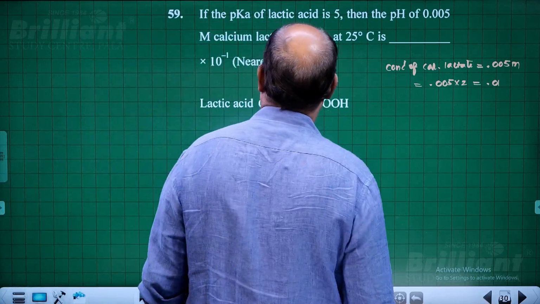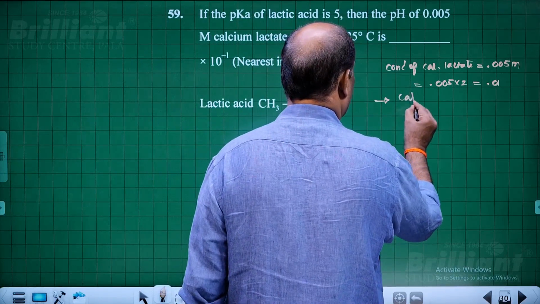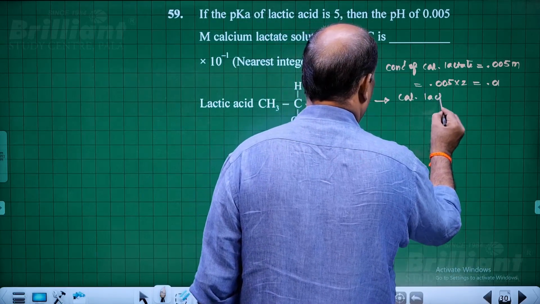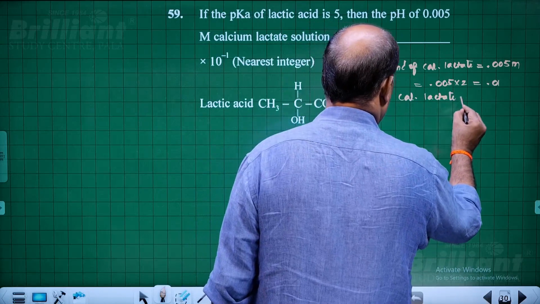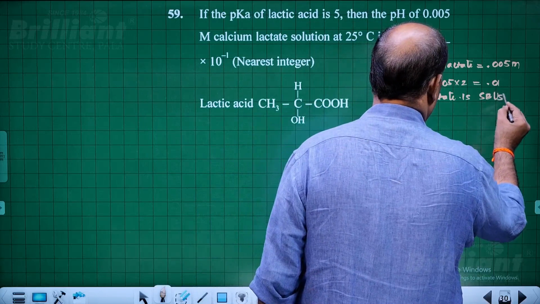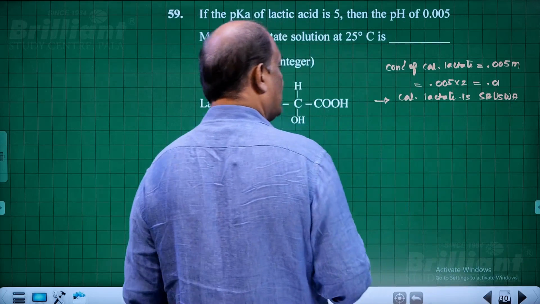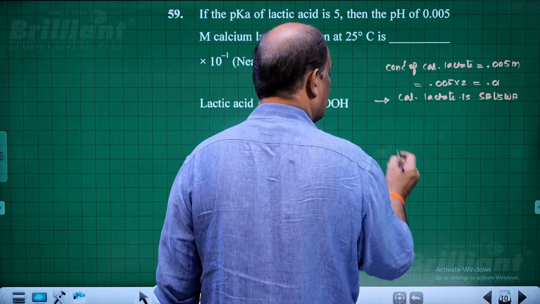Now lactic acid, it is a calcium lactate. It is a strong base versus weak acid. Strong base versus weak acid, generally what? It is more than 7.